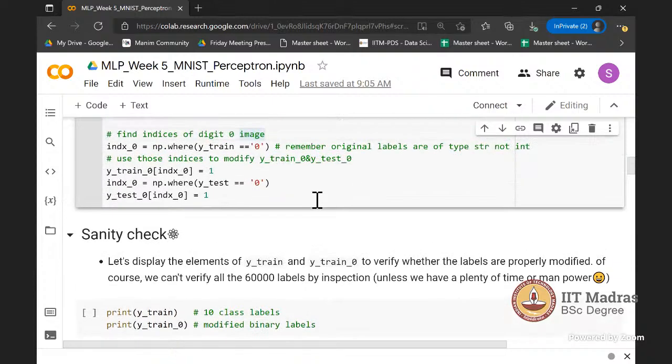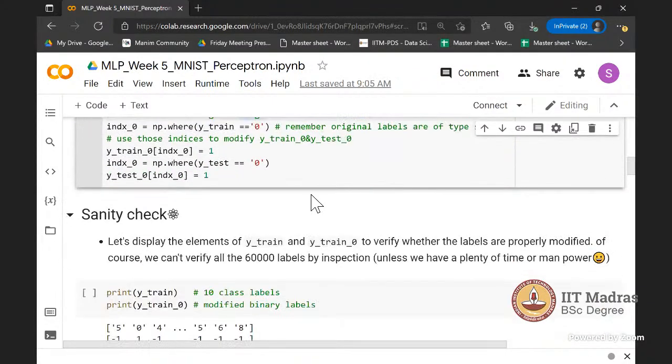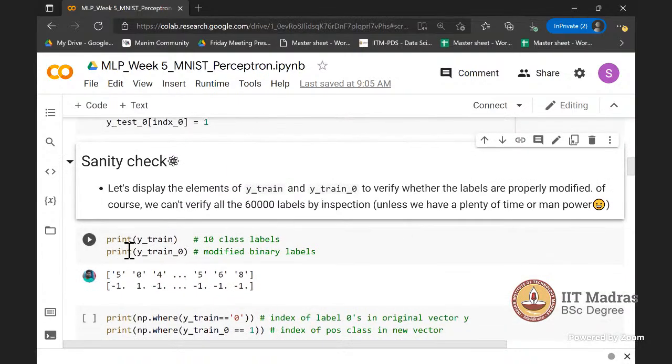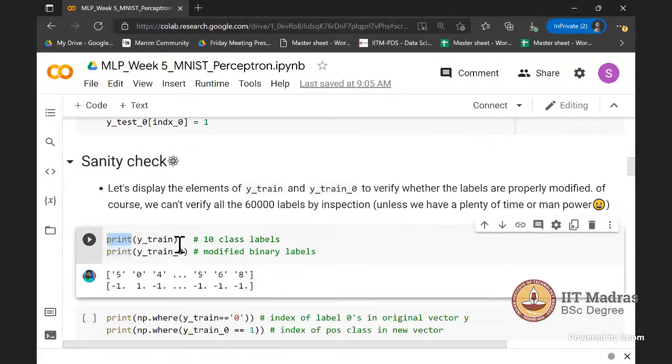Next, after we make this change, we want to make sure that our change is actually correct. For that, we look at some of the samples. We print ytrain, the original label vector, and we also print ytrain0, the new modified vector for the 0 classifier.